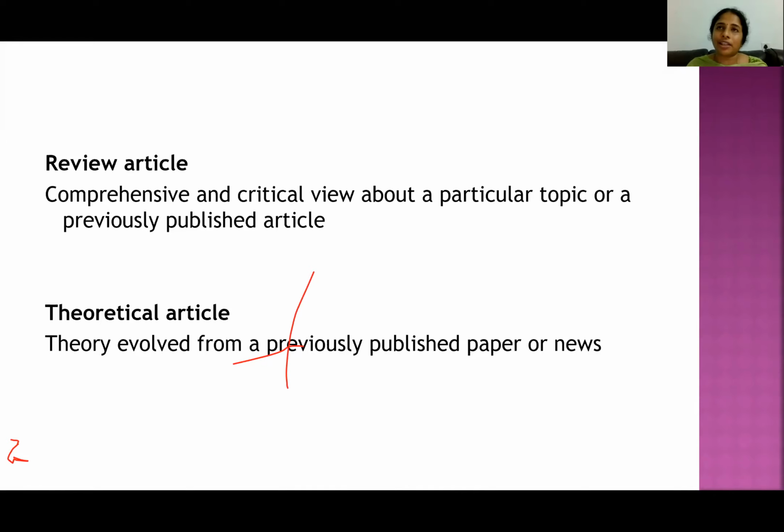Understand that a systematic review is a compilation of many research articles done on the same subject. It is a very systematically and scientifically collected set of information or outcomes of different research articles. So that is systematic review. Theoretical article, you need not know about it.